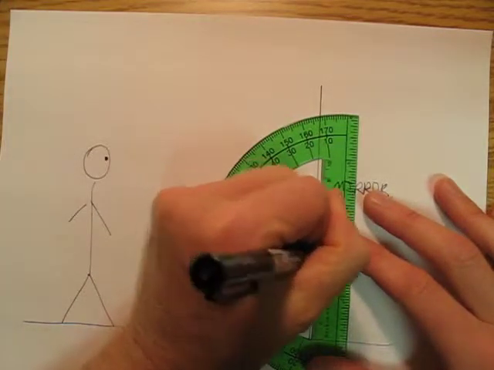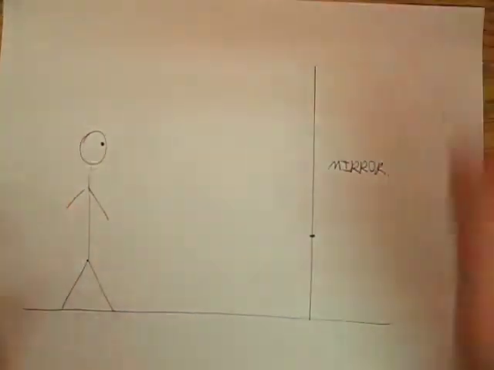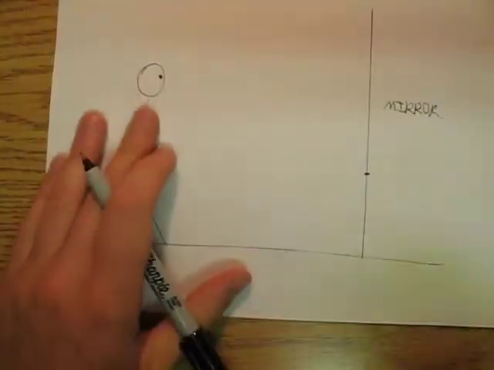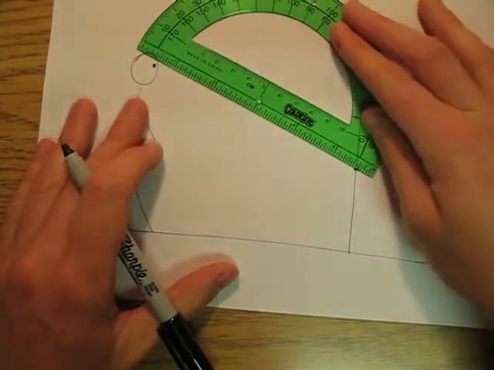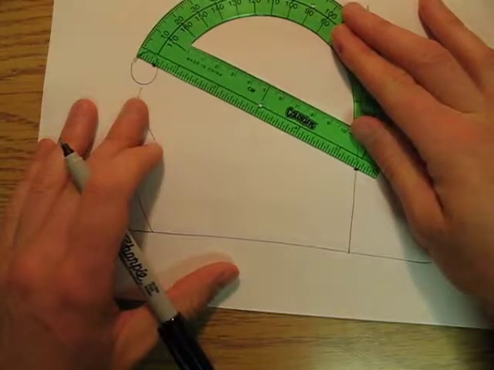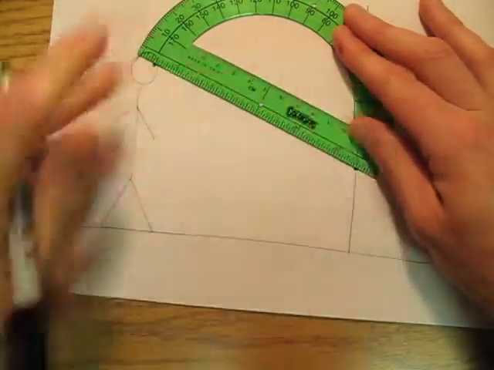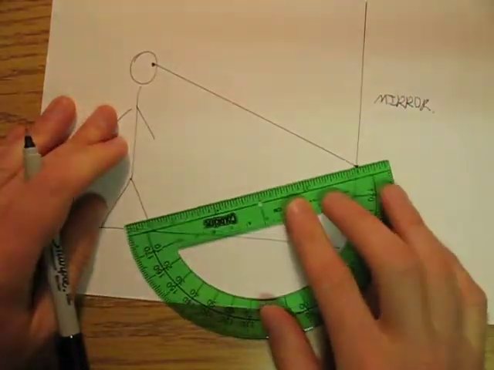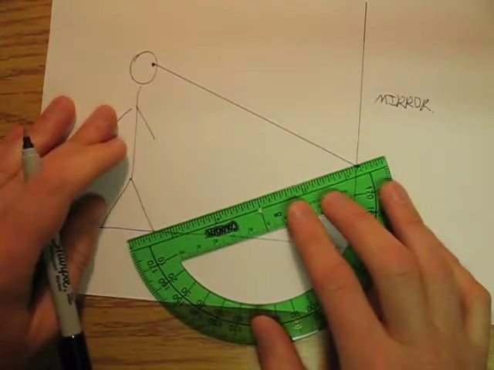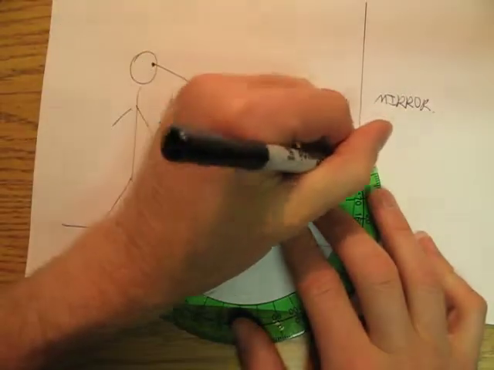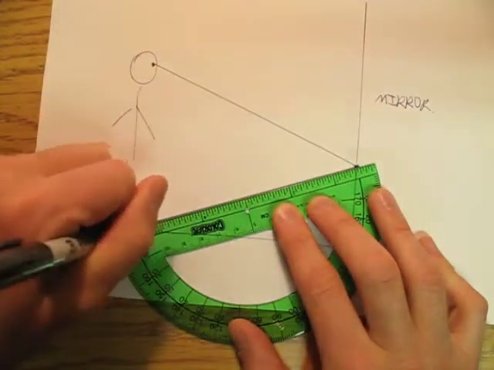So if they want to see their feet, they're going to look to this point here, and that's going to come off at the exact same angle, and they're going to see their feet down here.